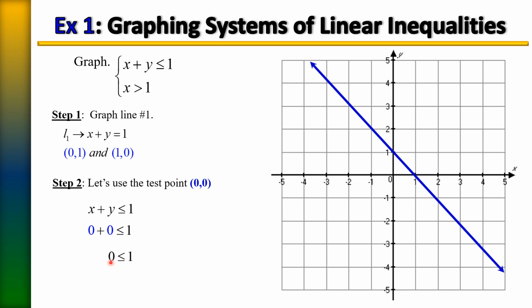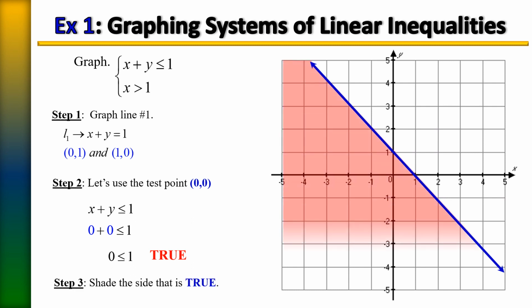Now, 0 is not equal to 1, but remember, with inequality statements, it means that one of the two statements is true. And since at least one of them is true, it means that this is a true statement. Recall that this is our test point area, so if we get a true, which we did, that means everything on the side with that test point is true. That's my true side, and so we shade our true side.